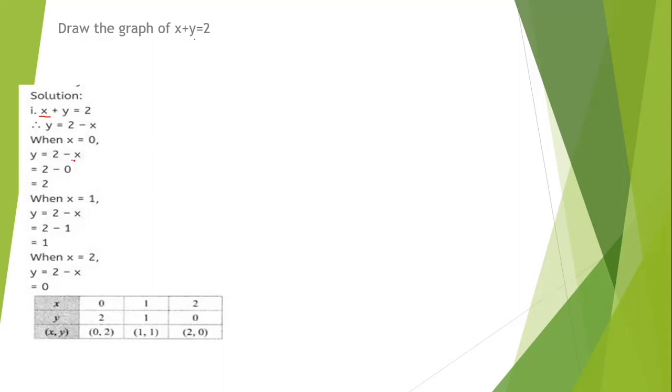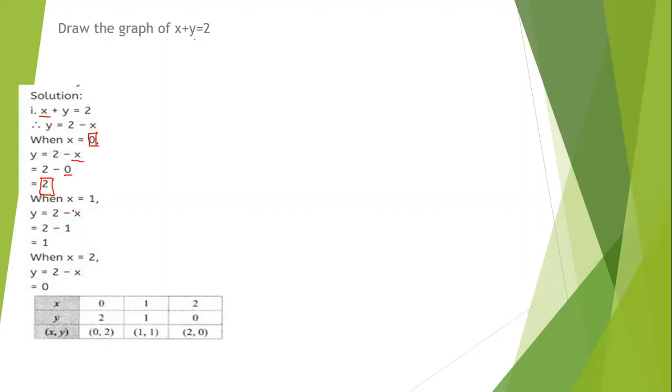Now, in place of x, we will write the value of x, that is 0. So, here it will come 0. 2 minus 0 is 2. So, when the value of x is 0, the value of y will be 2, right? So, this I have written down over here in tabular form 0 and 2. Then both together 0, 2.